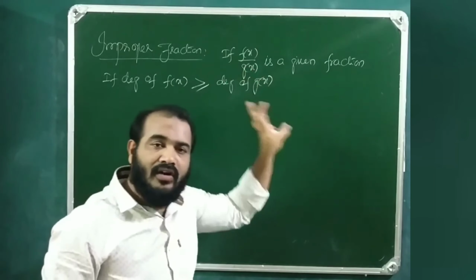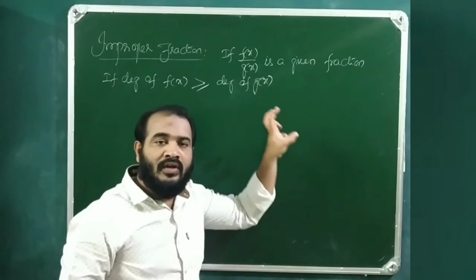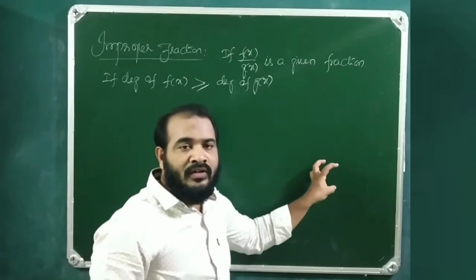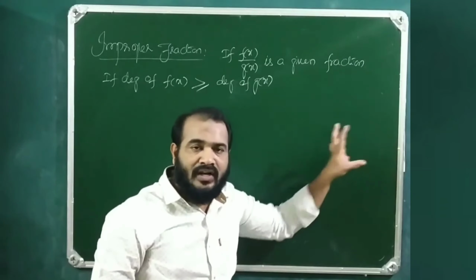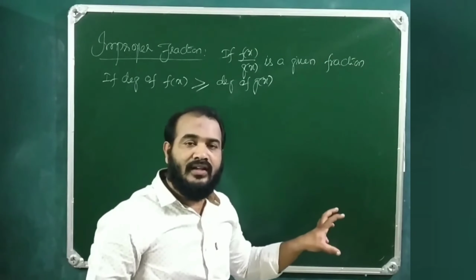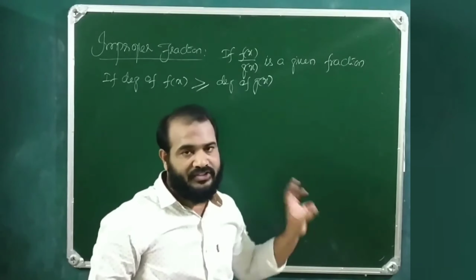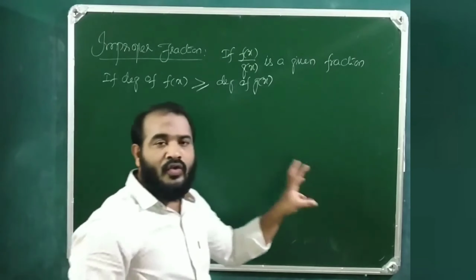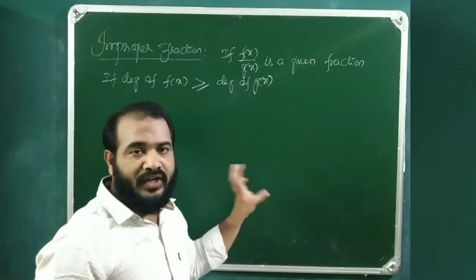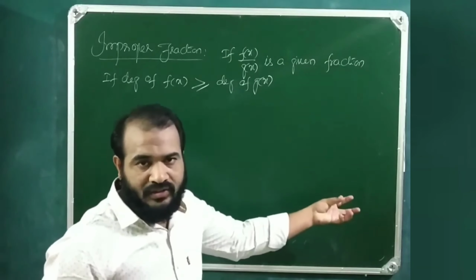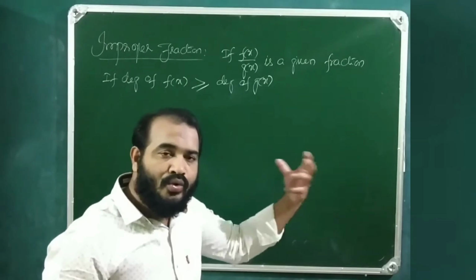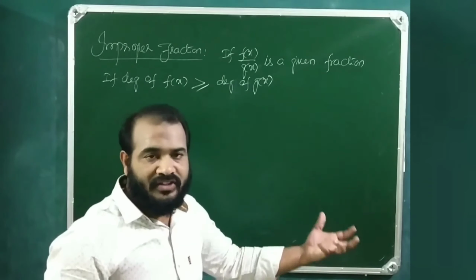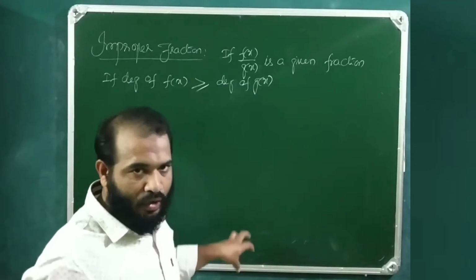So far we have learned the methods to resolve a given proper fraction into a sum of partial proper fractions, and this process is nothing but resolving into partial fractions. Now, how do we resolve a given improper fraction into proper fractions, and then resolve it through the process of partial fractions, is what we are going to learn now.